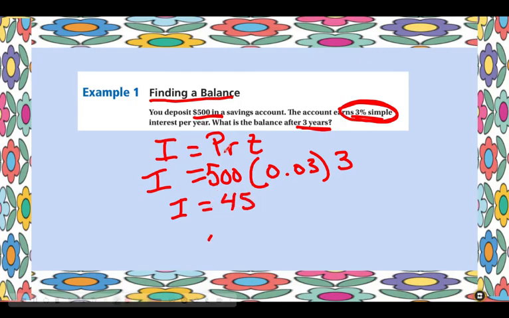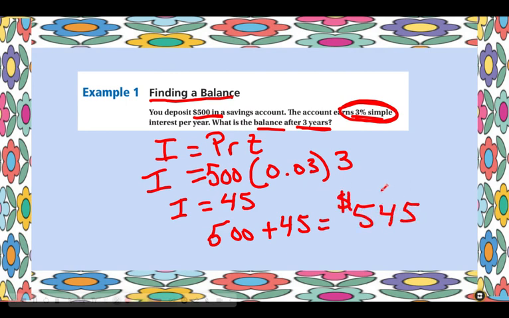So now, what is the balance in my account? I put in $500, I earned $45, so now my balance in the account is $545 after 3 years. So we're just substituting in for what we know.